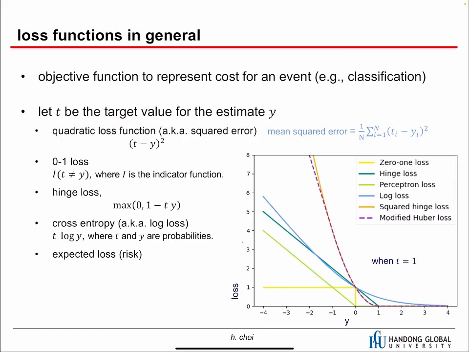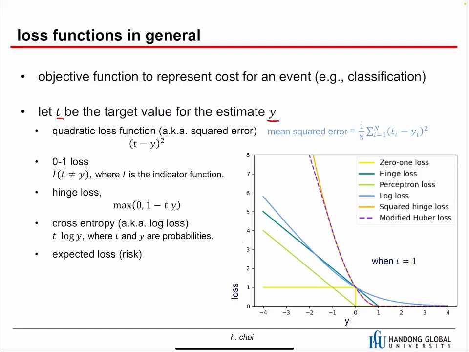We talked about the loss functions in the previous slide, but in general, in machine learning, we have lots of different loss functions, okay? Loss functions are objective functions to represent cost for an event. So we have a couple of popular loss functions here. Let's say t is the target value for the estimate y. y is the value that the model generates.